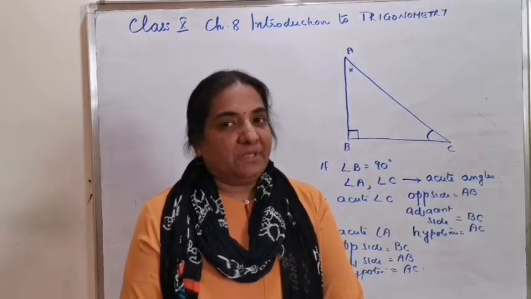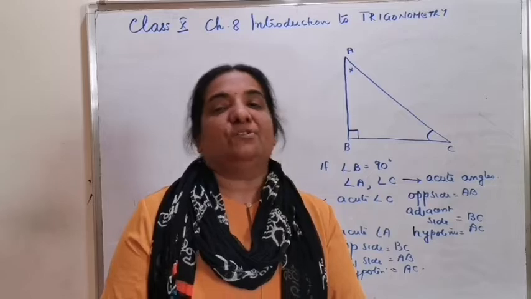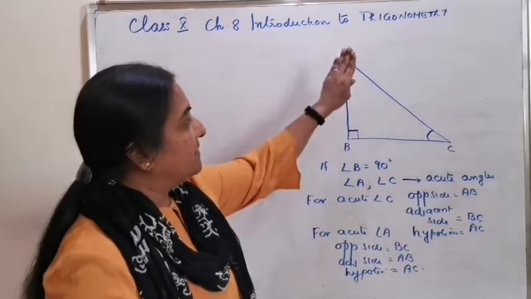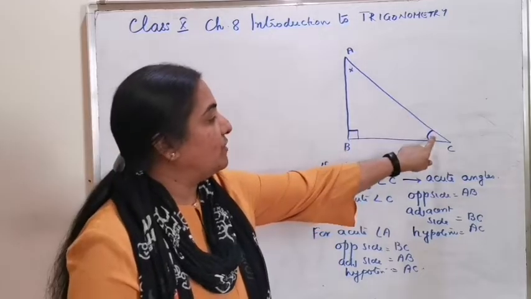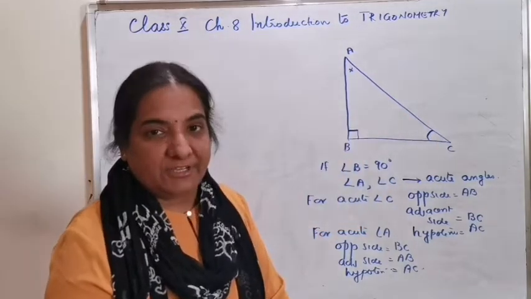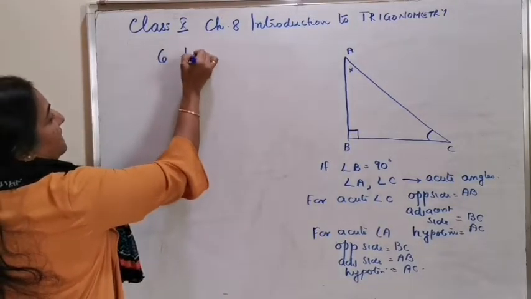Now let's see what are the names of these trigonometric ratios. We will define the trigonometric ratios for angle C in this particular figure. There are 6 trigonometric ratios.